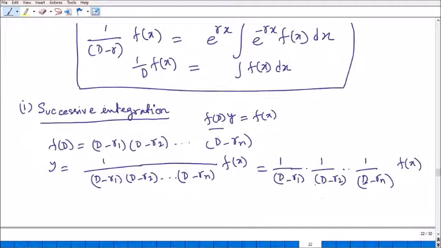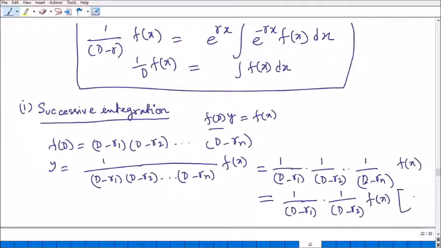If it is a second order differential equation, then it would have two roots, so it can be written as 1 by (D minus r1) into 1 by (D minus r2) operating on f(x).